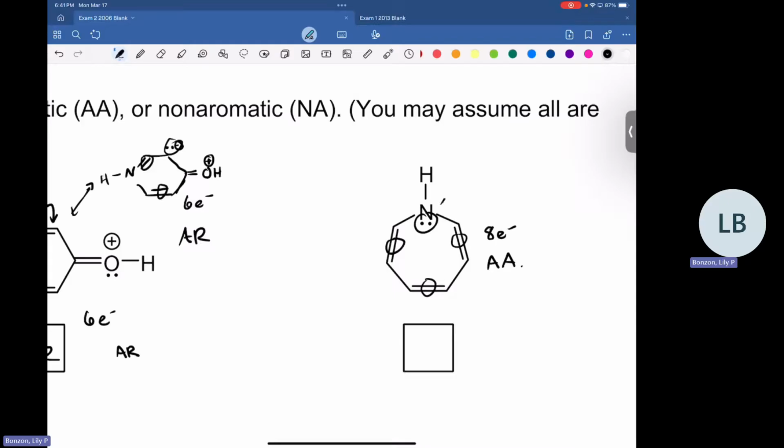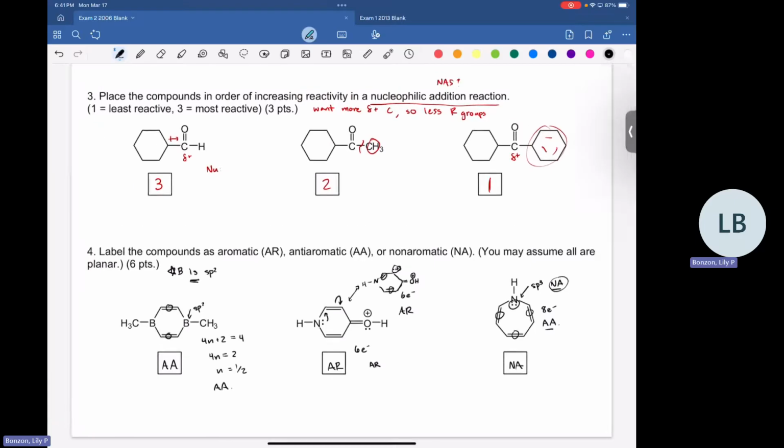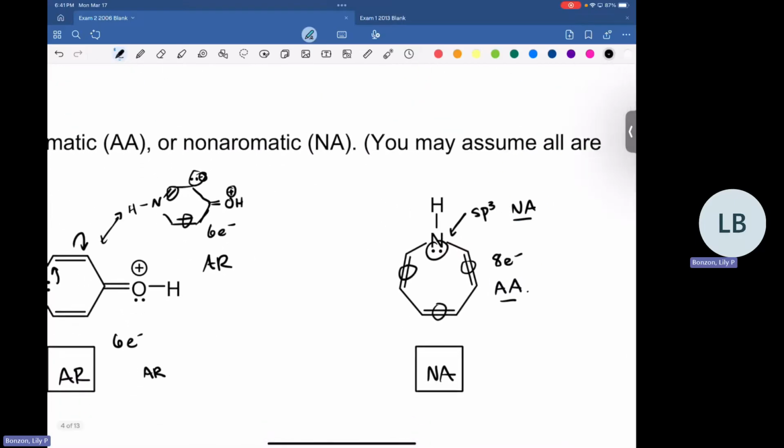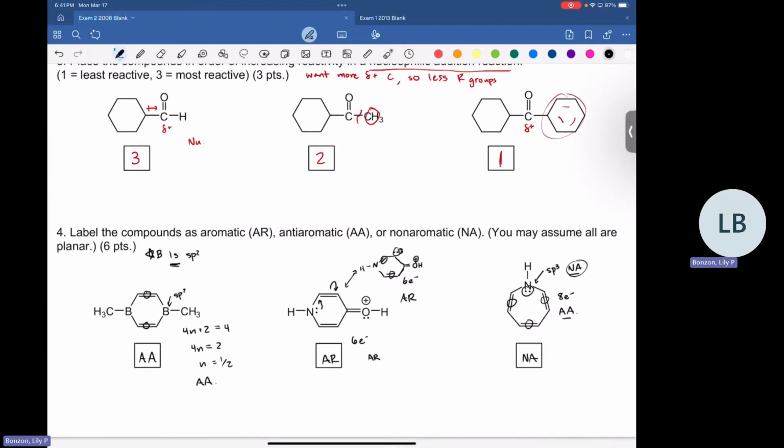However, if we consider this nitrogen to be sp3, then that would make this whole structure non-aromatic. And so in this case, since we're between anti-aromatic versus non-aromatic, non-aromatic is more stable. So this molecule will kind of stay with that nitrogen sp3, and it'll be a non-aromatic molecule.